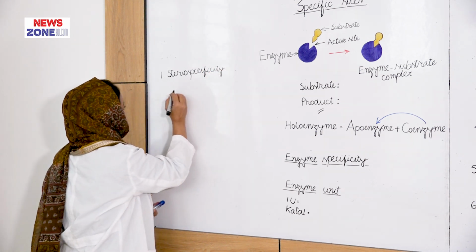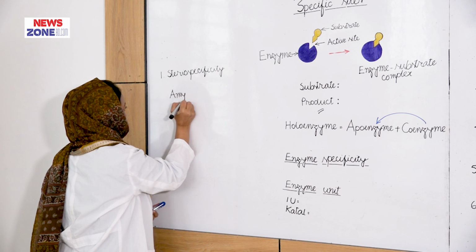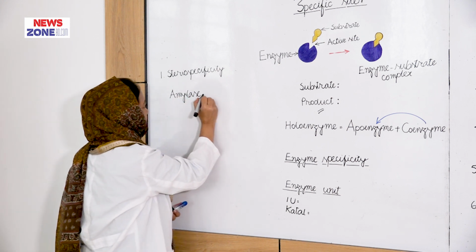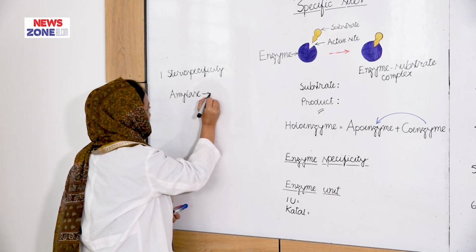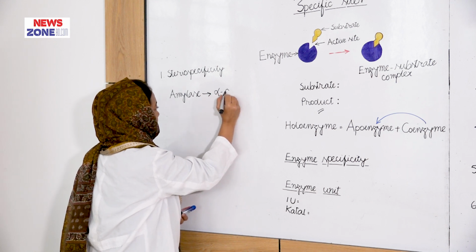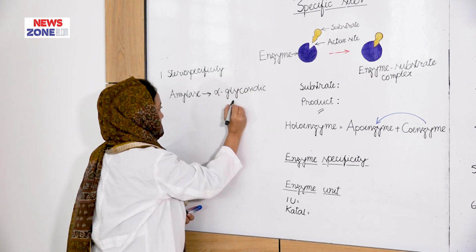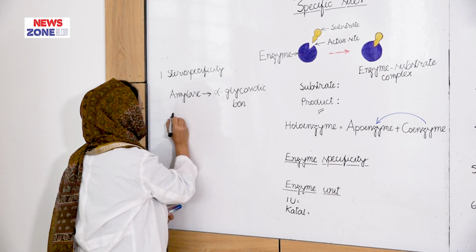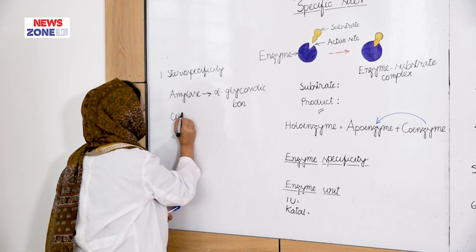For example, amylase can catalyze the alpha glycosidic bond, and cellulase can catalyze the beta glycosidic bond.